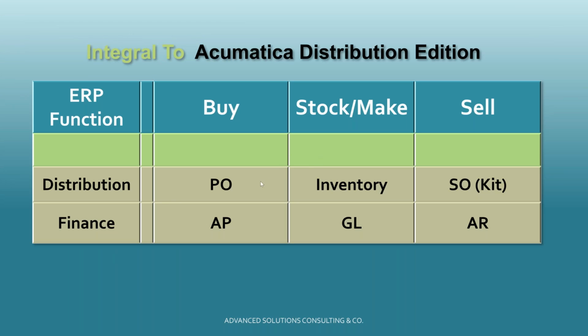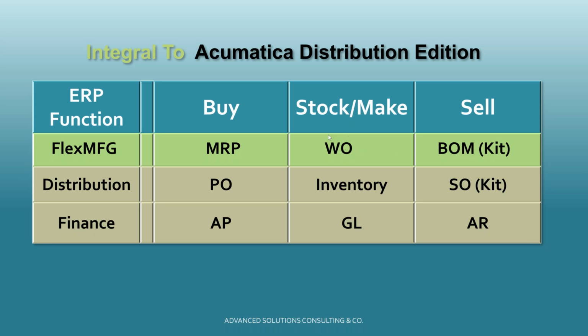Now, the thing about our product is that we are 100% integrated and written in Acumatica, and we augment the Acumatica distribution edition that you see in this kind of sandy or taupe color. The key behind our product is that we take the Acumatica kit and turn it into a bill of material. This bill of material has all the strengths associated with an ERP BOM. I'll mention that in a moment.